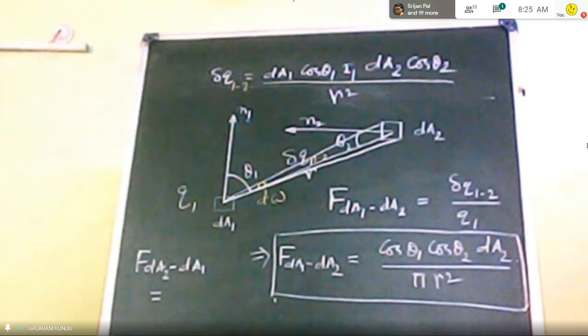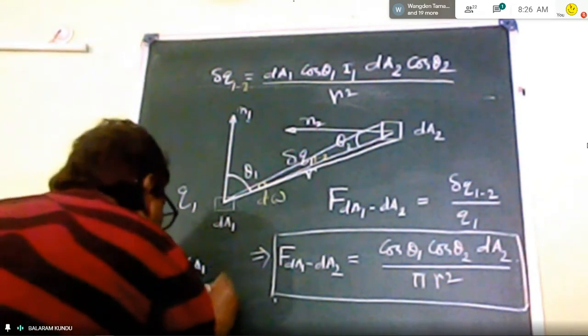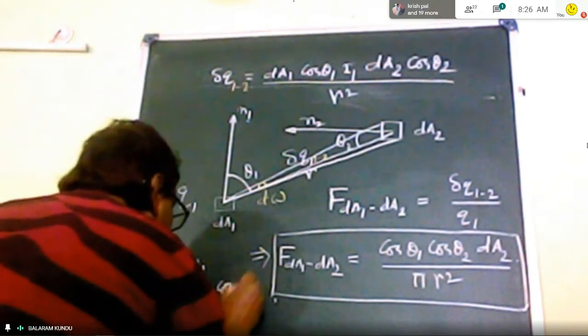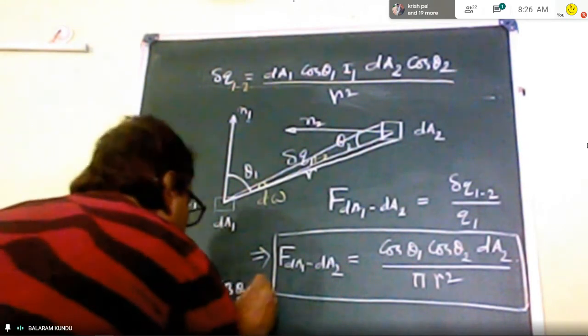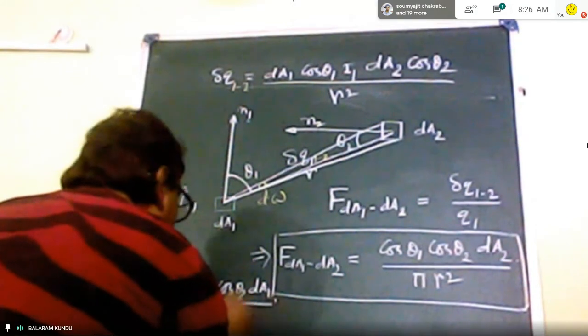If we change the diagram, then it will be cos of theta 1 cos of theta 2 into dA1 divided by pi R square.